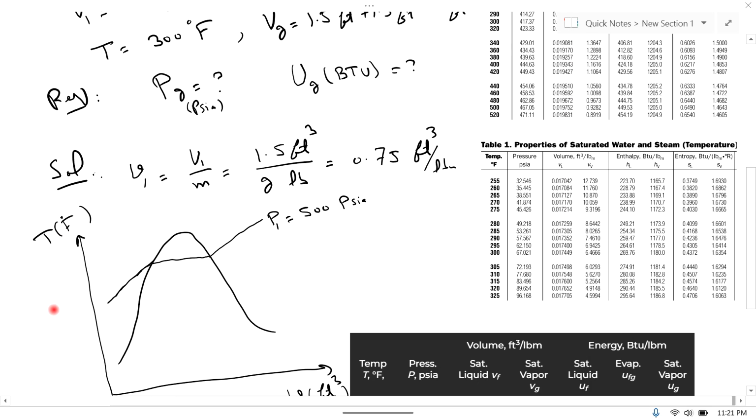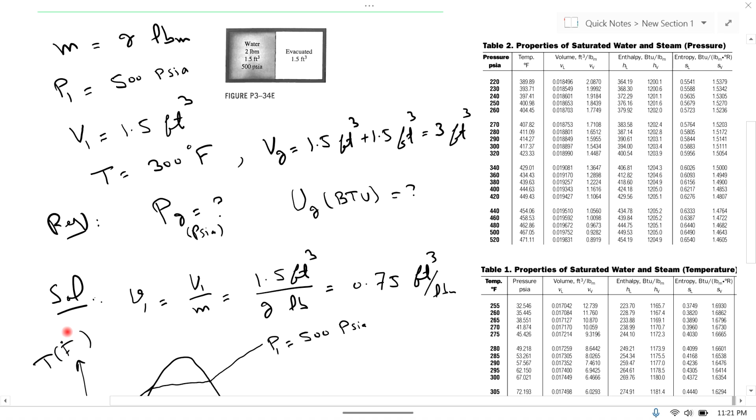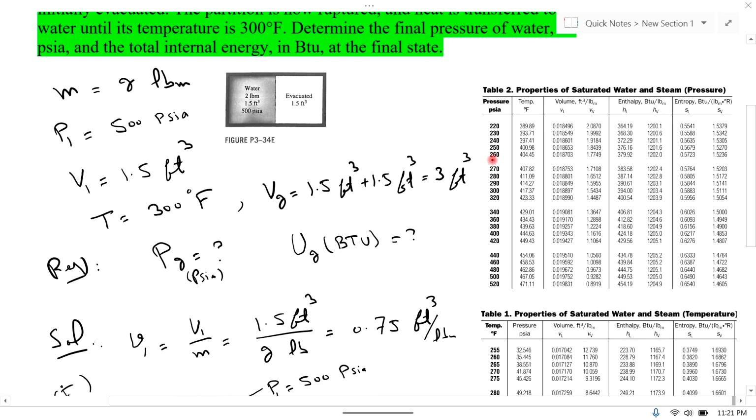So vf at 500 psi: this is the pressure in psi in the saturated water table, and this is 500 psi.